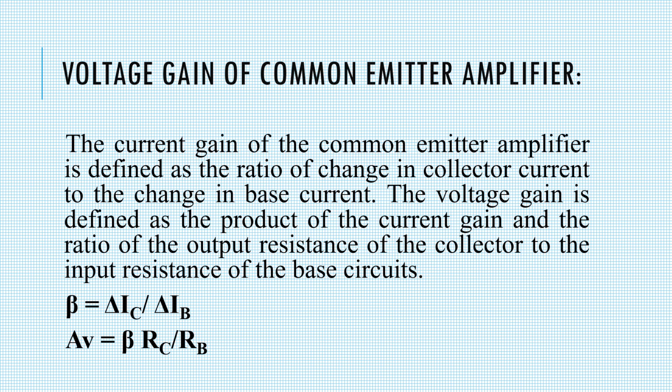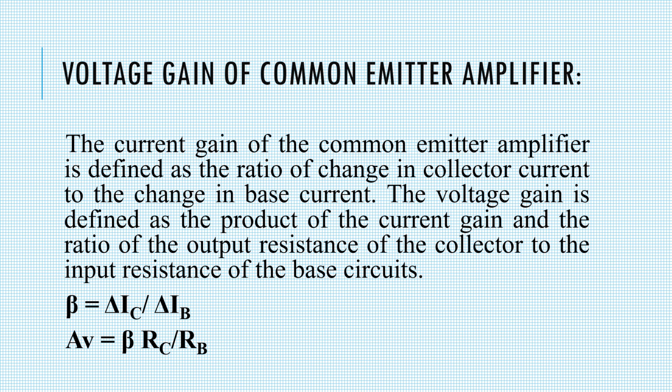Now let us see the voltage gain in this common emitter amplifier. The current gain of the common emitter amplifier is defined as the ratio of change in collector current to the change in base current, and the voltage gain is defined as the product of current gain and the ratio of the output resistance of the collector to the input resistance of the base.